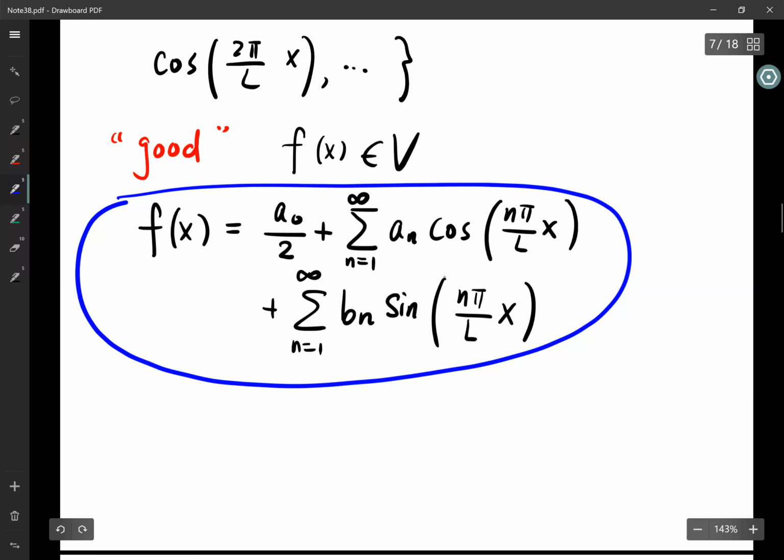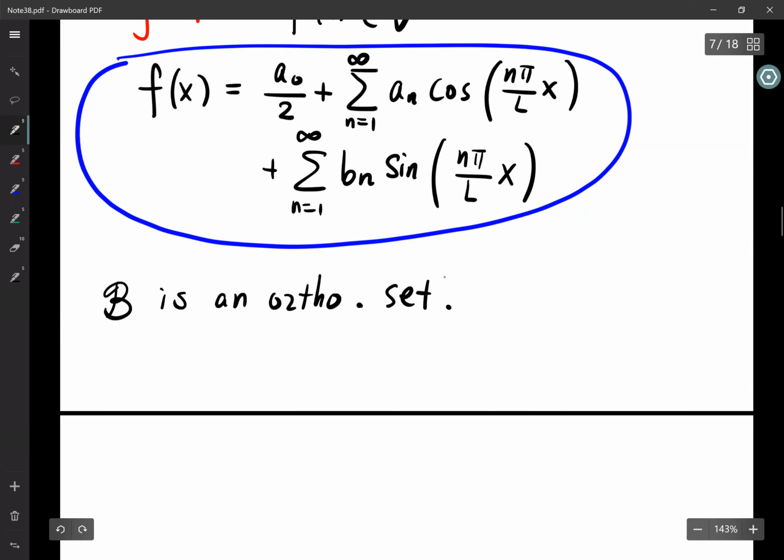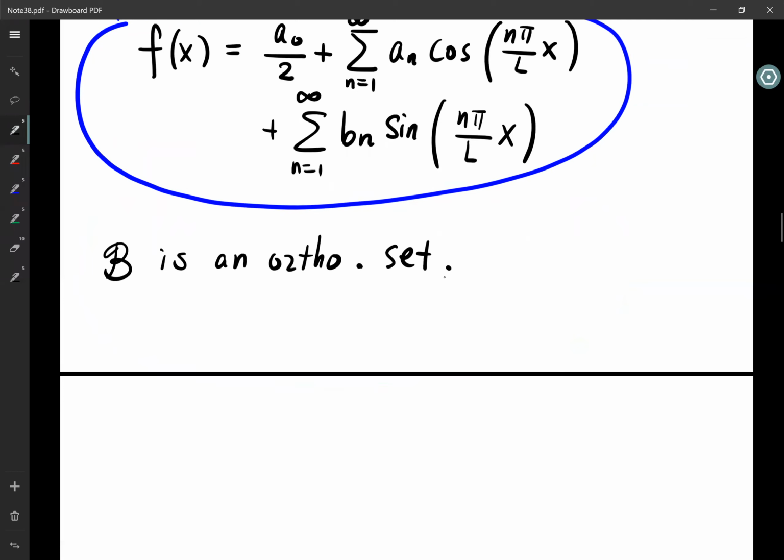Now let's verify that B is indeed an orthogonal set of vectors. So first of all, I would like to verify the sine-sine inner product.